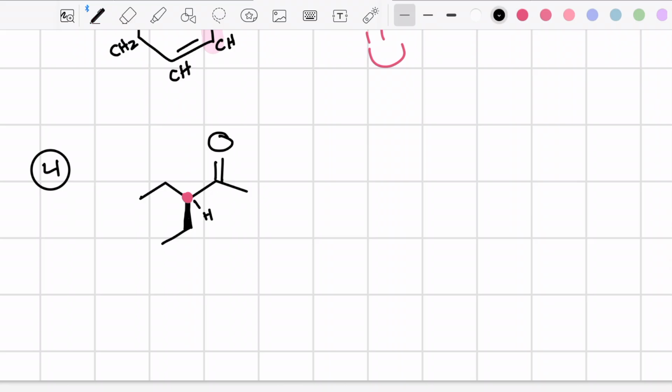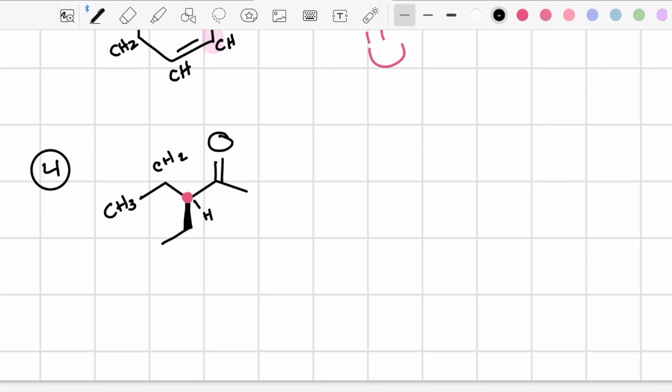That's going to give us one of our groups. Then over here we have this oxygen, which is its own separate group as well. So now we have 2. Then if we look here, we have a CH2 and a CH3.